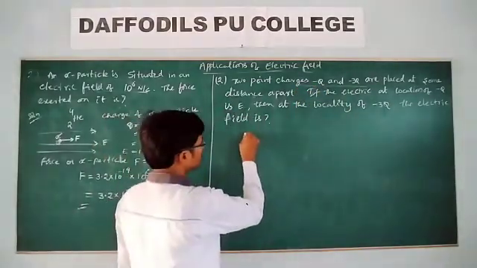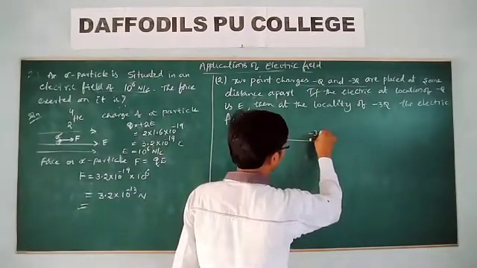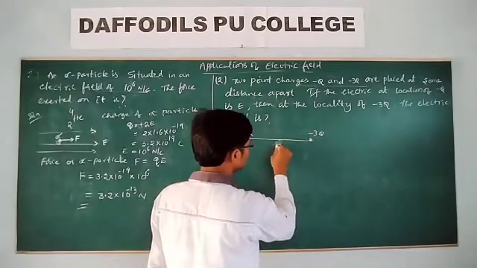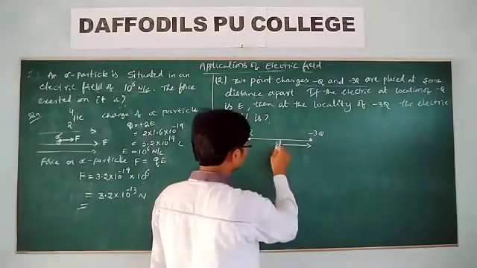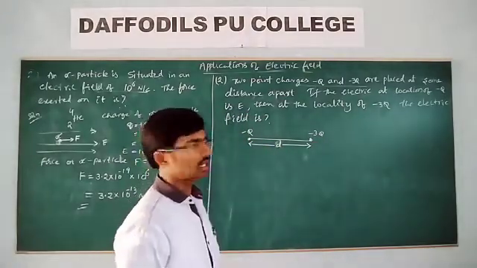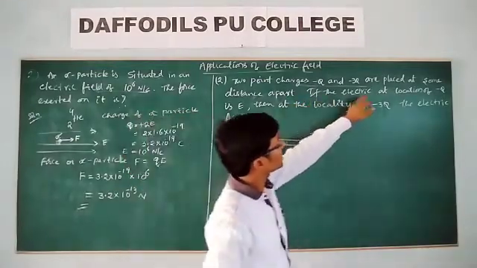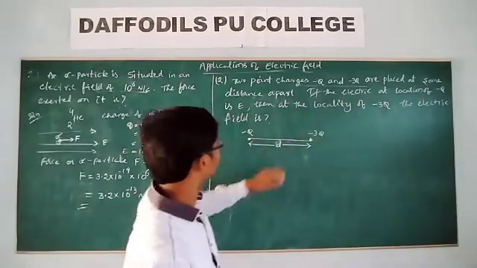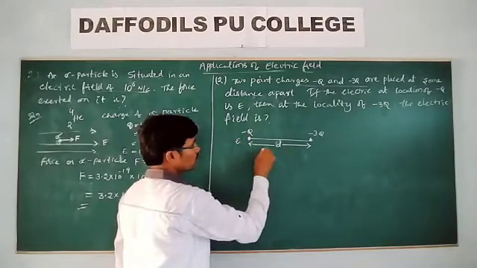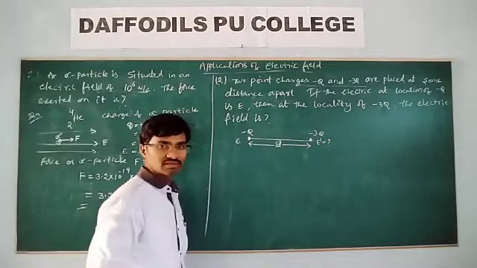They are separated by a distance D. Then the electric field at the location of minus Q, at this point, is E. We are asking about the electric field at the location of minus Q.